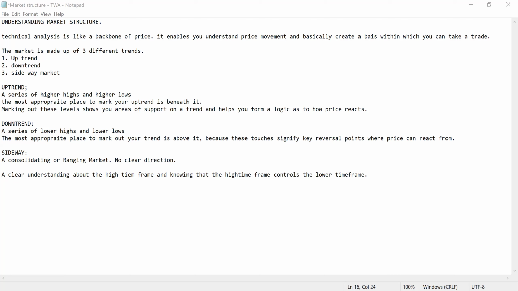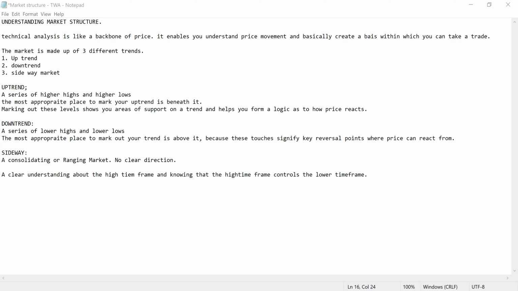Then, having a clear understanding about higher time frames, and knowing that the higher time frame basically controls the lower time frame, okay?